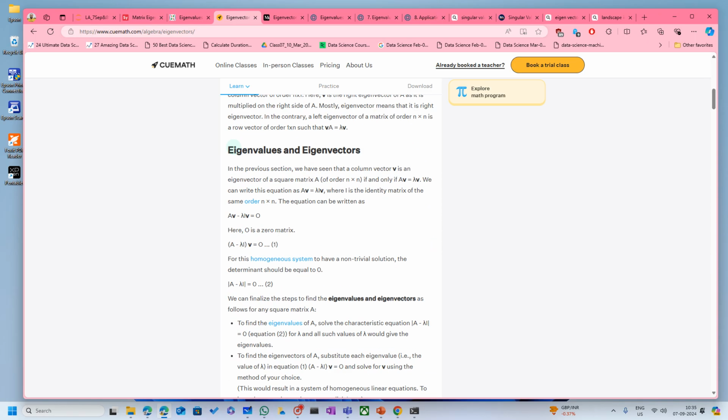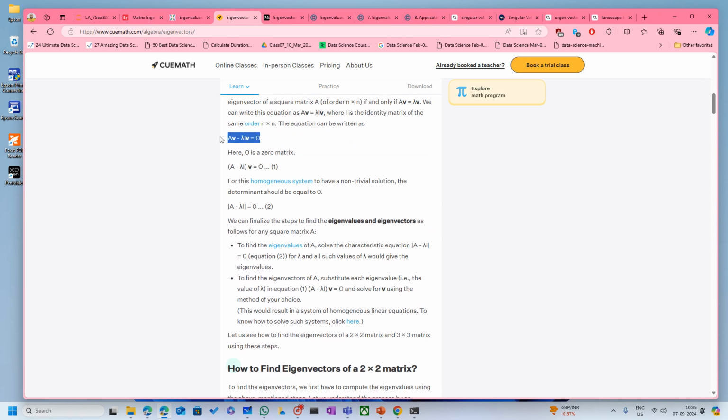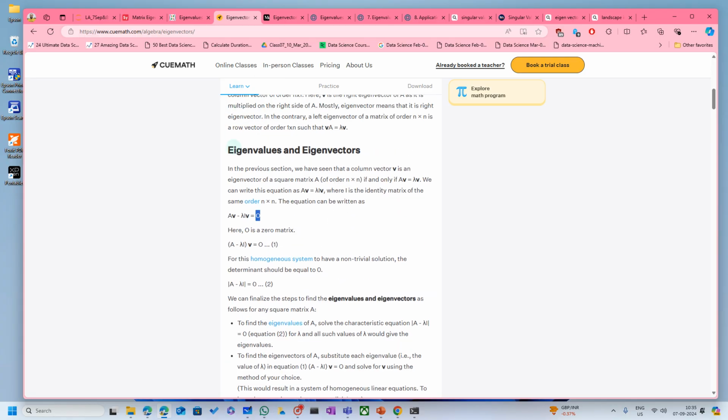And if it is an eigenvector, then there is a condition that holds true: (A minus lambda I) into v equals 0, which should be a zero matrix. Maybe that is what we are missing here, we are missing the v.